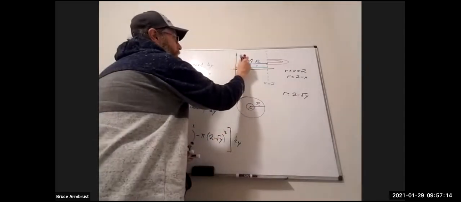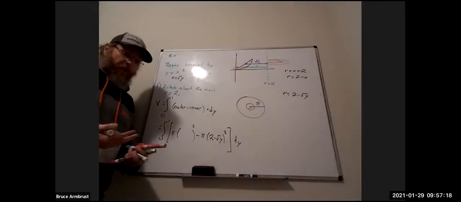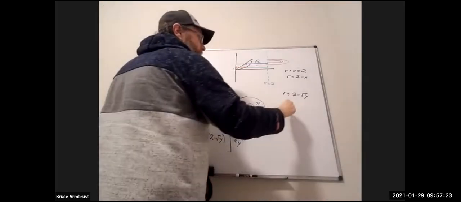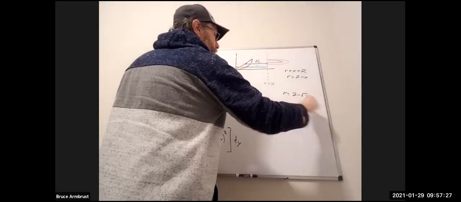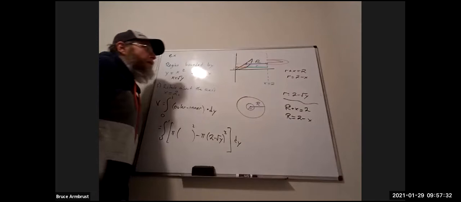If we think about that distance, I'll leave it orange. That's also x. So what we know is that big R plus x is also going to equal 2. So big R is also going to be 2 minus x.